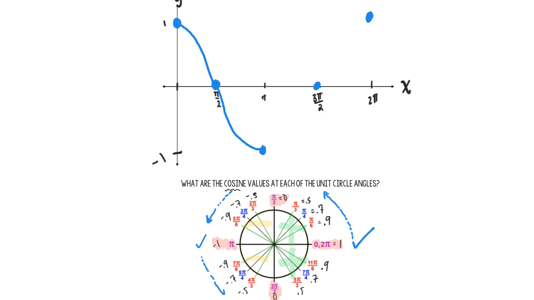Then, as it leaves pi and goes to 3 pi over 2, we get -0.9, -0.7, -0.5. It reaches 0. And then, in the fourth quadrant, it becomes positive again, reaching all the way to +1. Now, just like sine, cosine is a periodic function, meaning that this would continue. The same kind of U-shaped curve would continue forever and ever.